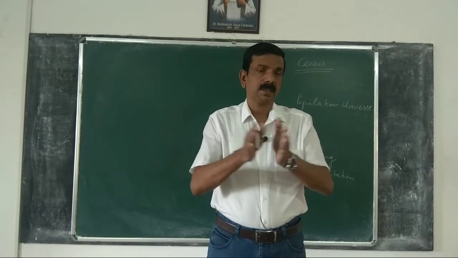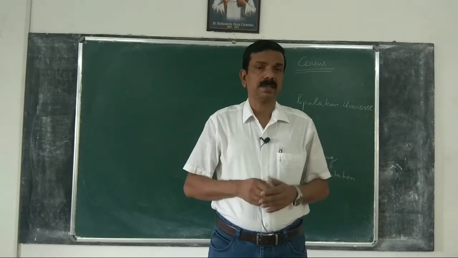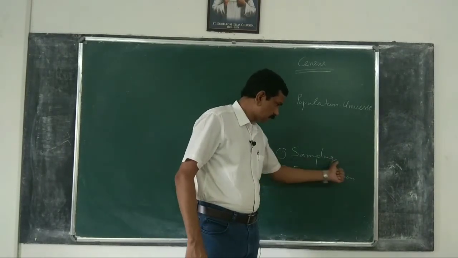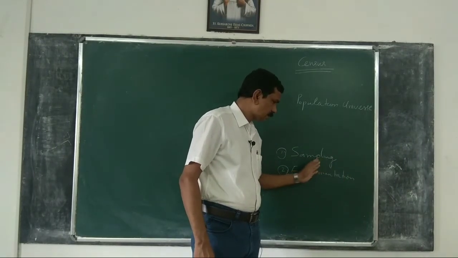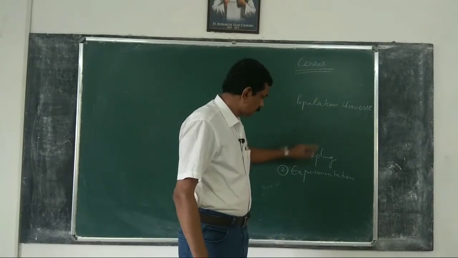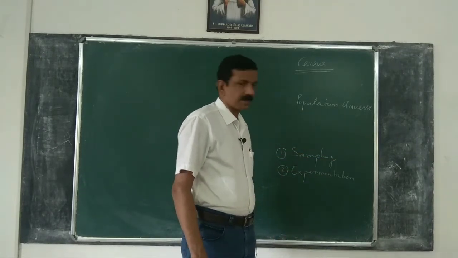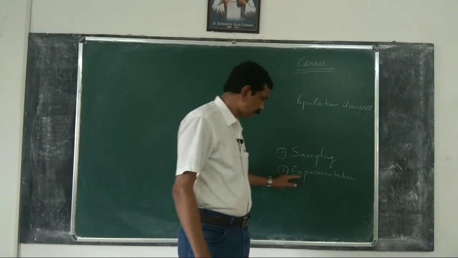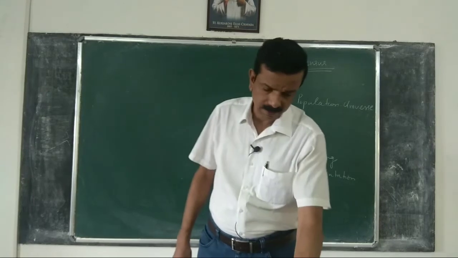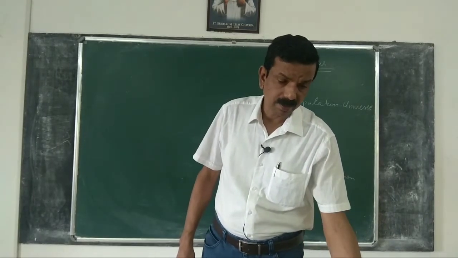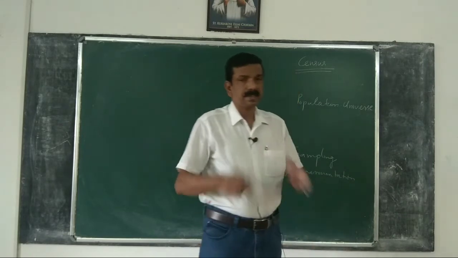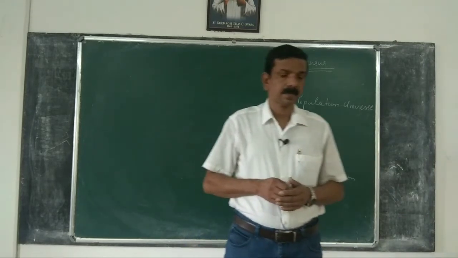It is experimental data, not observational data. In social sciences, data about the population is generally collected by means of sampling, whereas in natural sciences, physical sciences, medical sciences, etc., data is generated by experimentation, by designing an experiment.